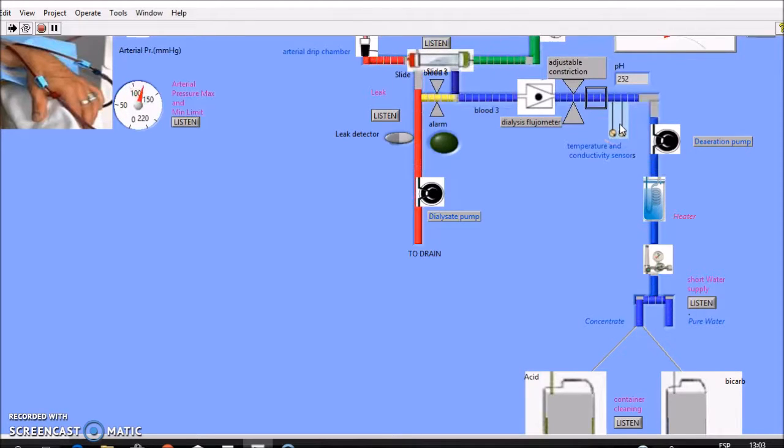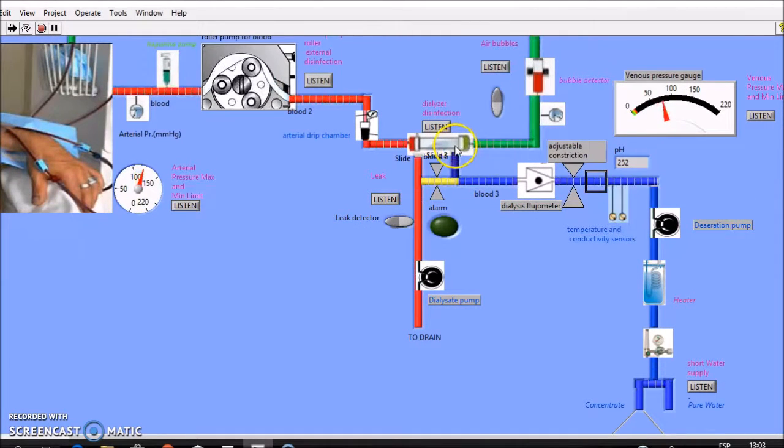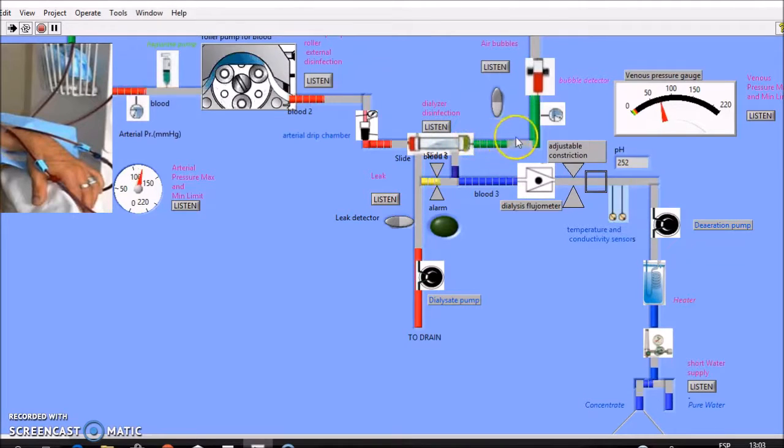Otherwise, it is discarded by the drain. It passes through this part. The dialysate passes through the dialyzer for solute and fluid removal and returns to the patient.